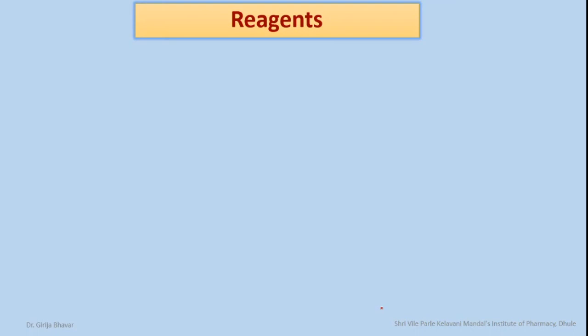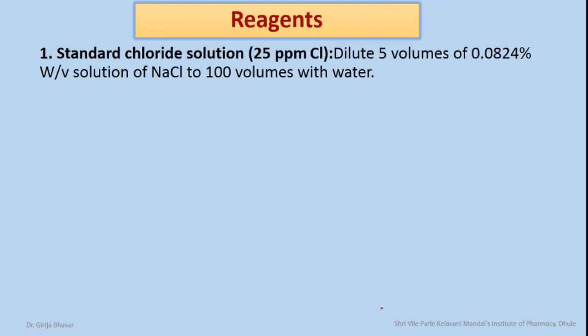Now we will see the reagents required to perform the limit test for chlorides. The first reagent is a standard chloride solution containing 25 ppm, parts per million, of chlorides. This solution can be prepared by diluting 5 volumes of 0.0824% weight by volume solution of sodium chloride to 100 volumes with water.